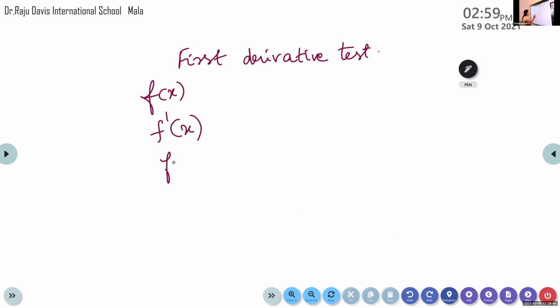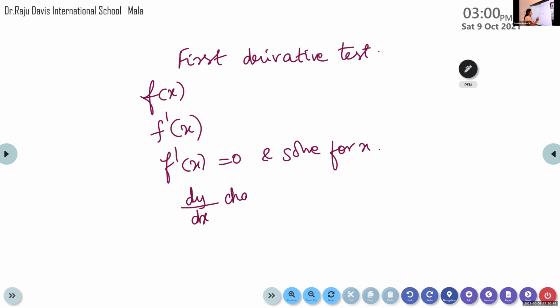Then equate f dash of x to 0 and solve for x. Then what do you have to do? You have to look at the sign of dy by dx.